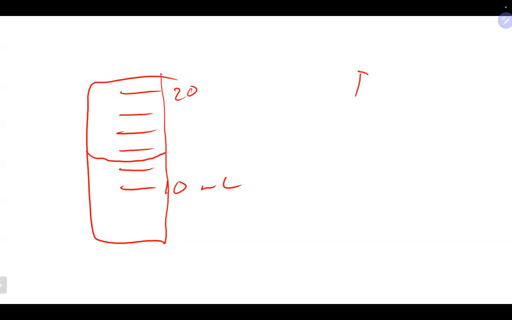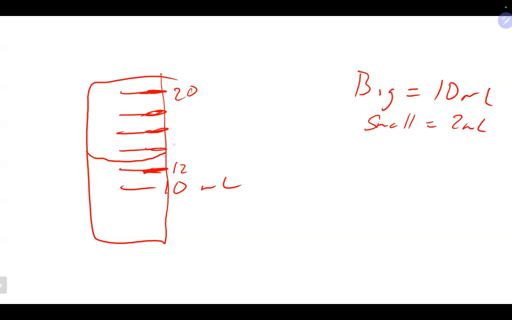So our big markings, once again, here is 10 milliliters. The difference, though, is we now have 1 line, 2, 3, 4, and 5 markings, right? So each of the smallest markings in this particular case is how much? It has 2 milliliters. That would be 12, that would be 14, that would be 16, that would be 18.